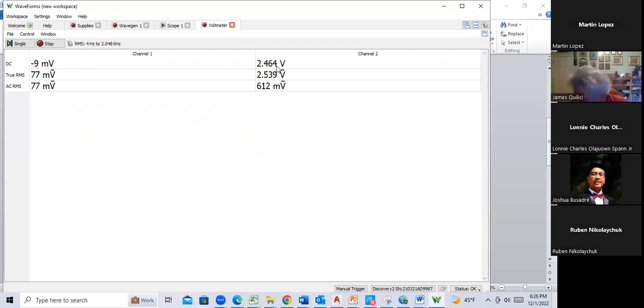And then channel 1 is at the signal source. I'll move it over to the base. Okay, but I'm at 2.4 volts. I got a 5-volt supply. So my collector current is 5 minus 2.4 divided by the resistor I put in there, which was 1.5K.